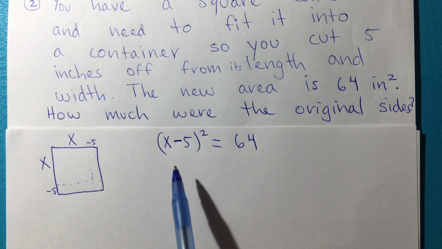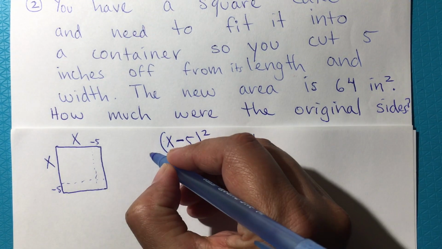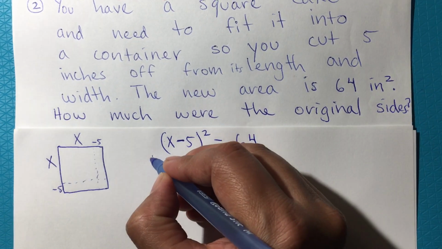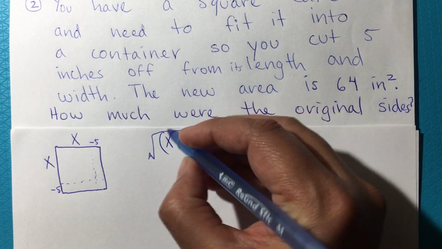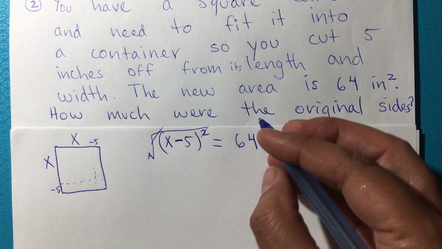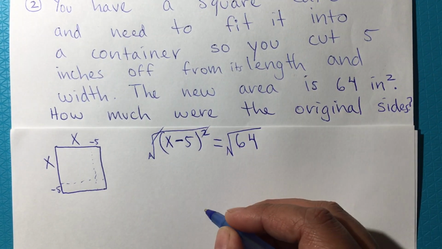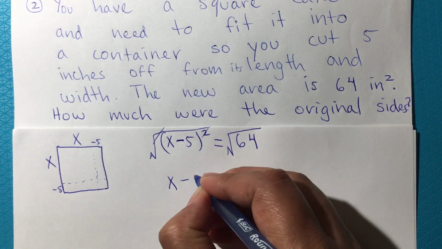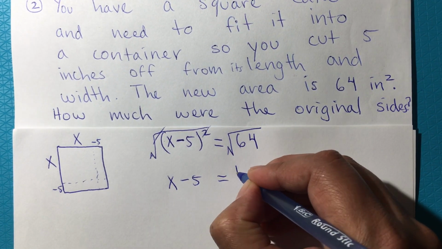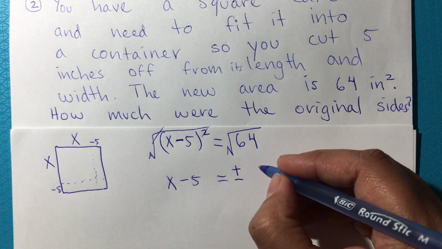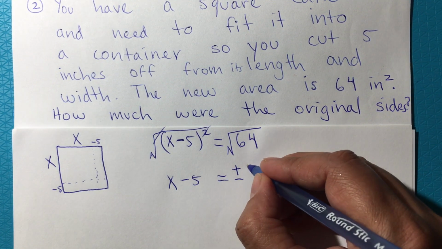Because of the structure of this quadratic equation, it's easier to just cancel. If we are squaring, the opposite of squaring is the square root. But if you do it on one side, you have to do it on the other side. Now you'll get x minus 5 equals the positive and negative of the square root of 64, which is 8.